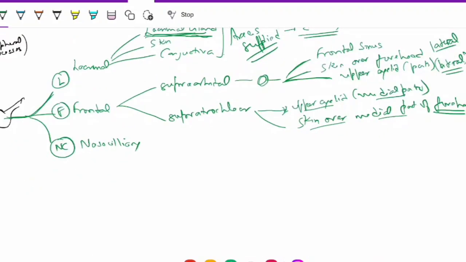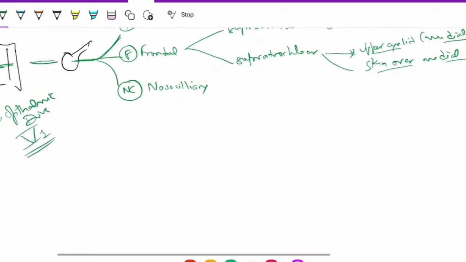Now nasociliary is a bit complicated. Why is it a bit complicated? Because it gives off branches in three divisions. What does that mean?